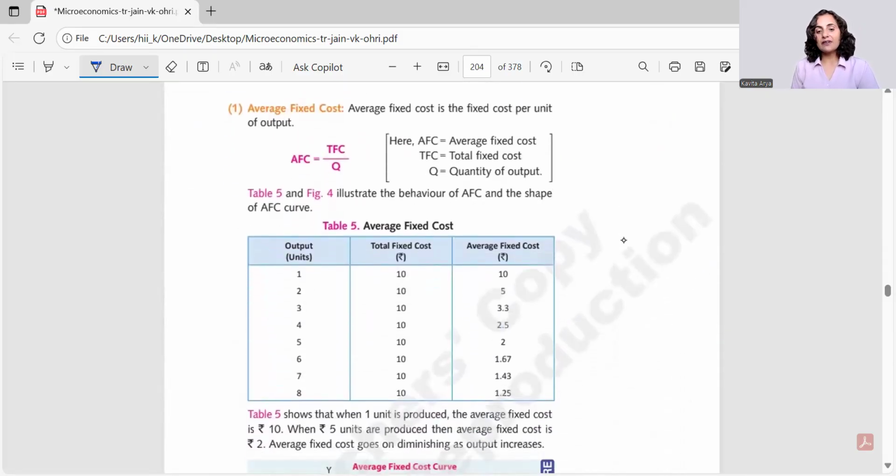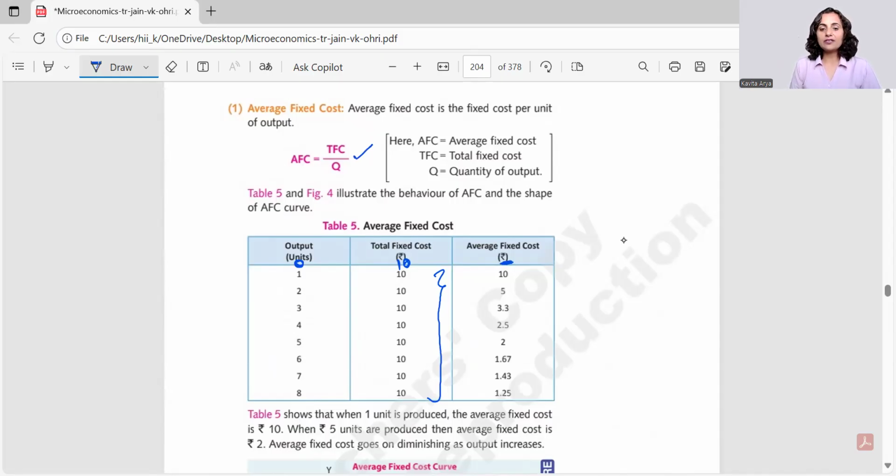So how was our fixed cost? Fixed cost looks like this. We must ideally keep the 0th level of output also in the chapter of cost for better clarity, because at the 0th level also we have a fixed cost of the same quantum. Okay. Now, average is never ever defined at the 0th level, so we will just mark it dash. So what's the formula?